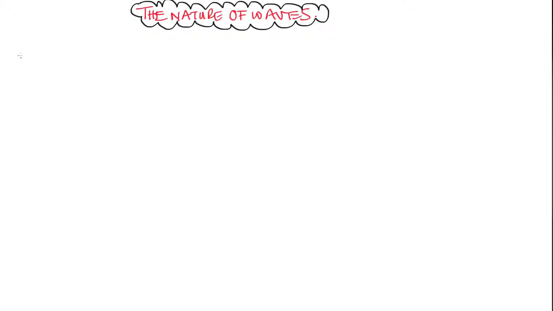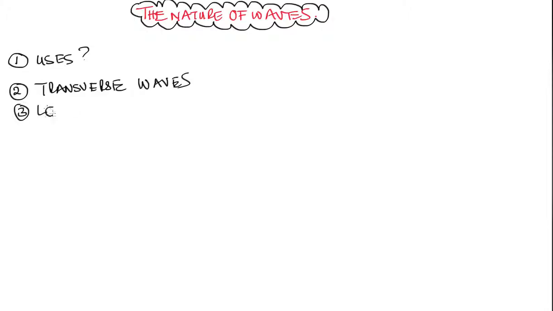So first of all, I will consider what waves are used for, so uses, and then I will look at transverse waves, and then longitudinal waves, and lastly I will look at some examples of both.